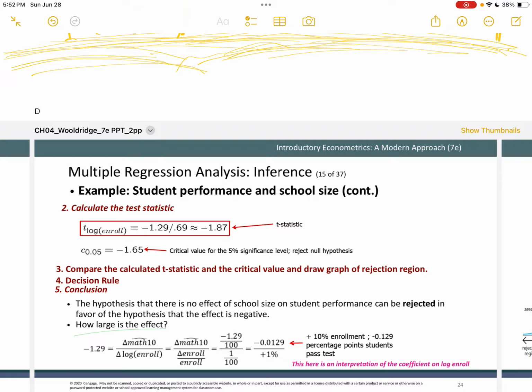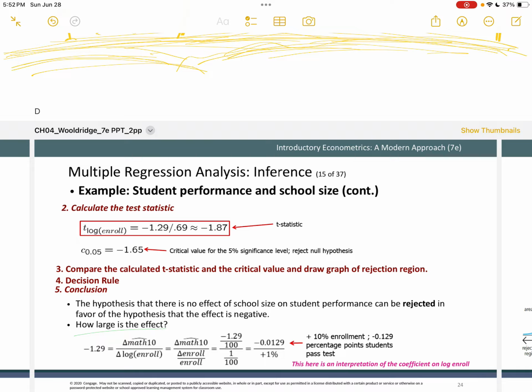And how large is the effect? Well, negative 1.29 was that, but since we are using the level-log, we have to take that negative 1.29 divided by 100 in order to interpret it.